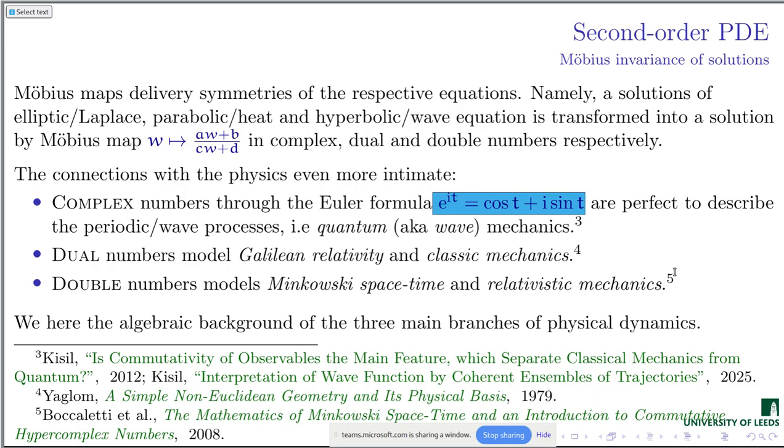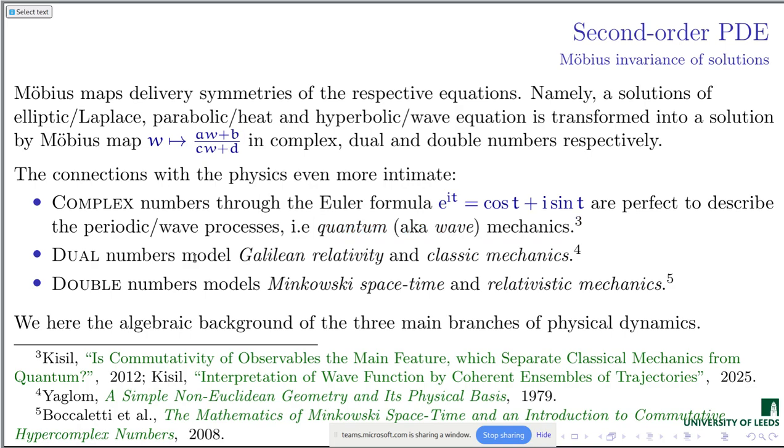And when we consider quantum mechanics, which is also known as wave mechanics, then the appearance of complex numbers is just a need. So it's not the non-commutativity of observables which is crucial for quantum mechanics. It's really the usage of complex numbers which is needed. I have discussed it in some paper, but it's probably better not to go into details in this talk.